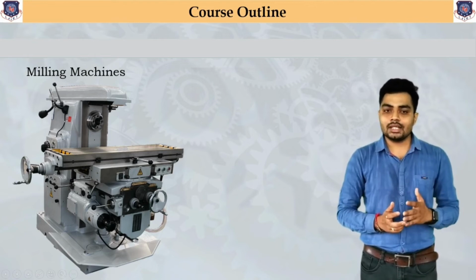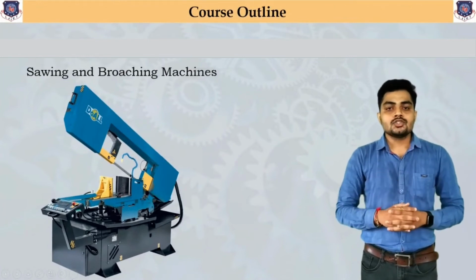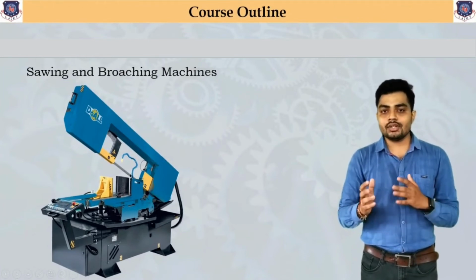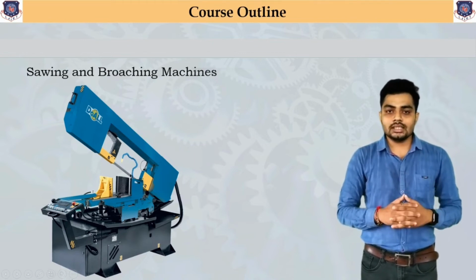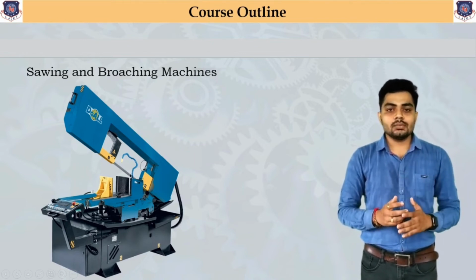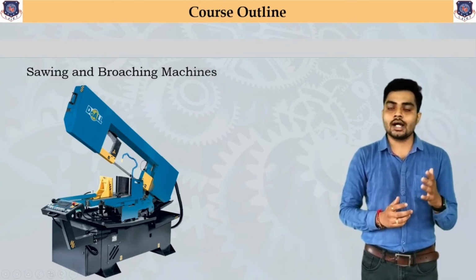Now our next chapter is chapter 6, the sawing and broaching machine. As you can see in the figure, sawing and broaching machines are two different machineries, of which the sawing machine is shown over here. This machine is useful to cut the component or workpiece as per the required shape.